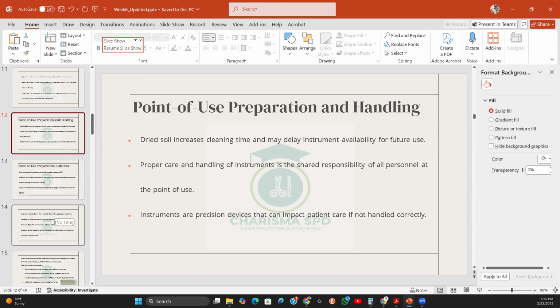Then another point that we should also note is that proper care and handling of instruments is a shared responsibility of all personnel at the point of use.